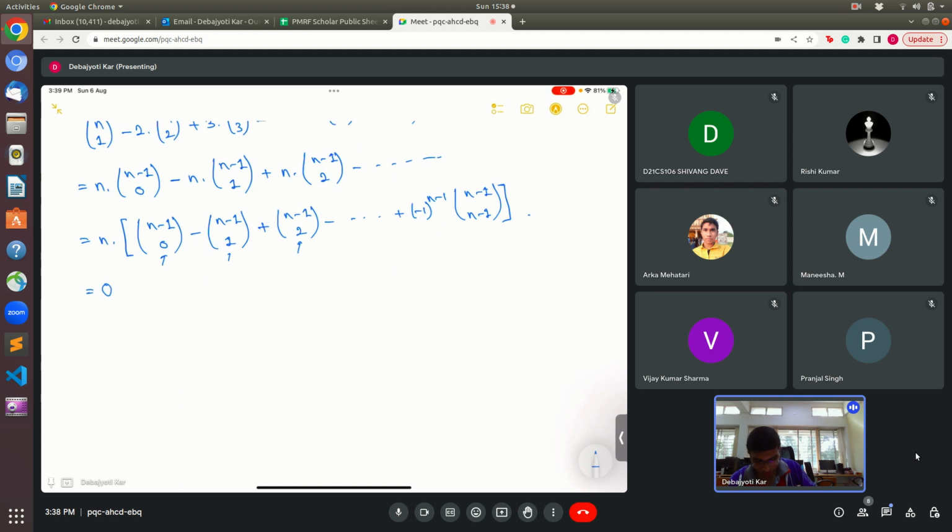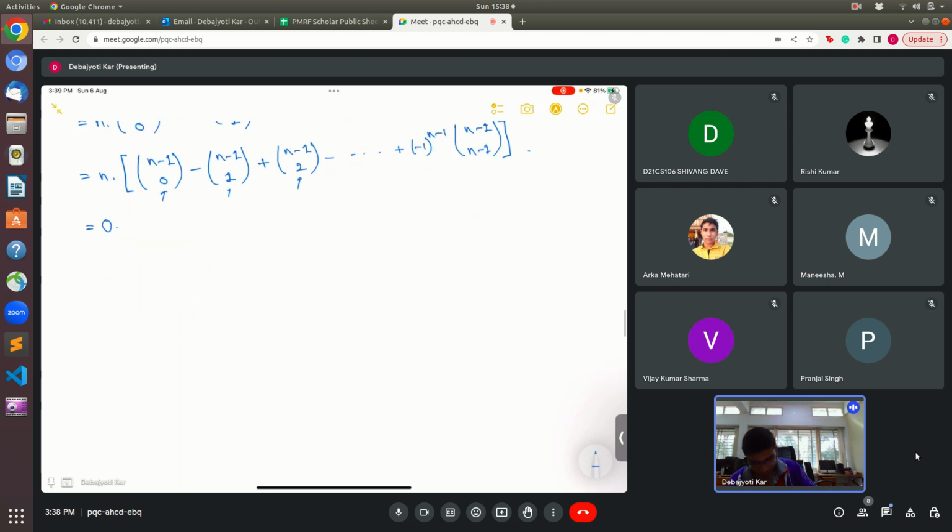If you don't know, then we can look at a proof. We want to show that this alternating sum, wherein the even terms have coefficient plus 1 and the odd terms have coefficient minus 1, is equal to 0.